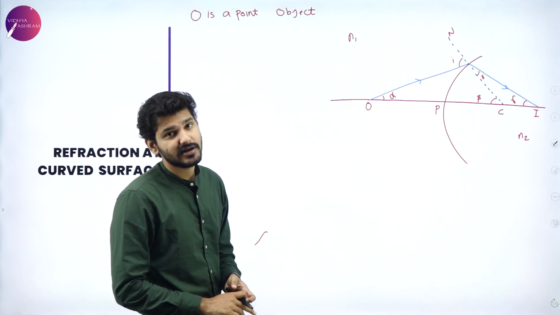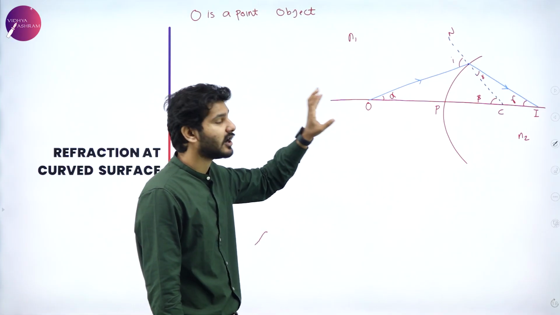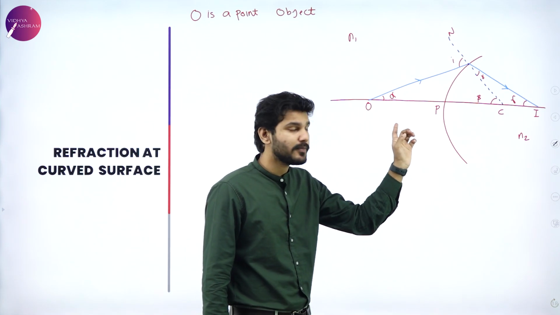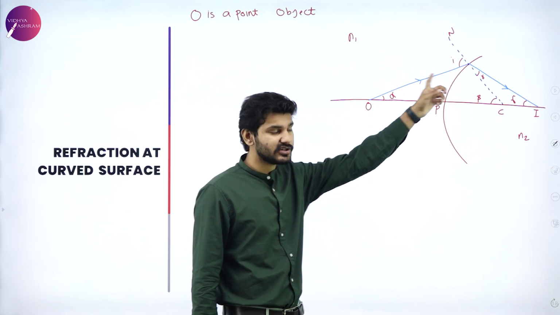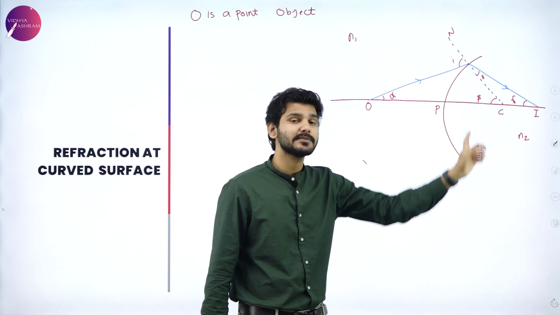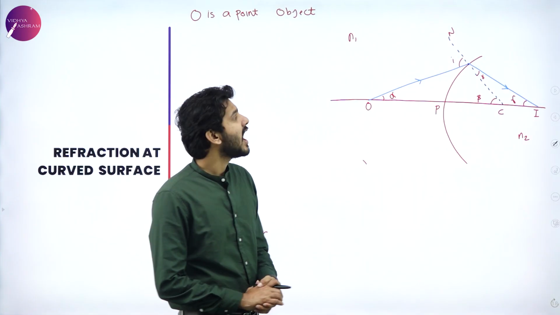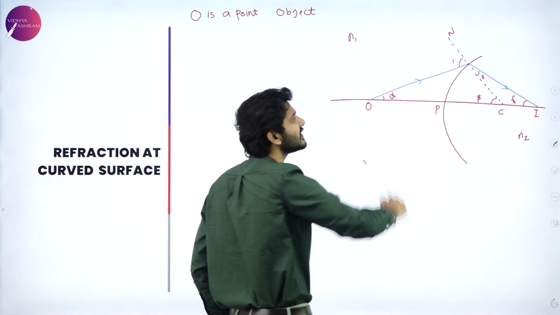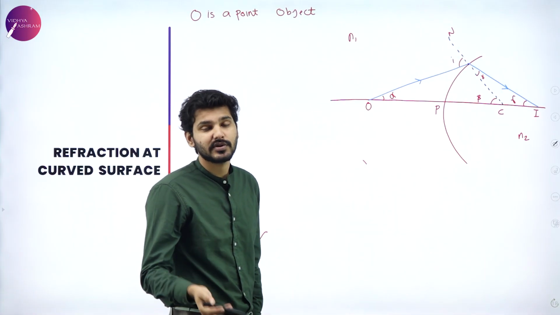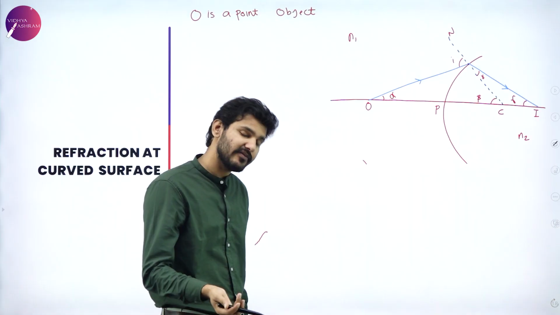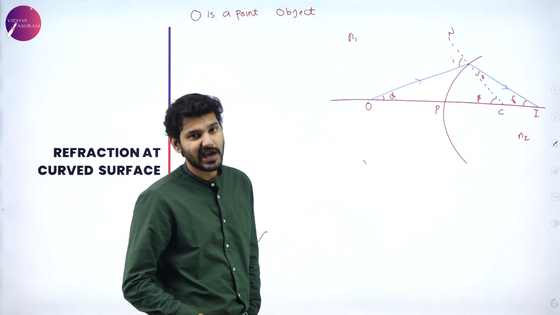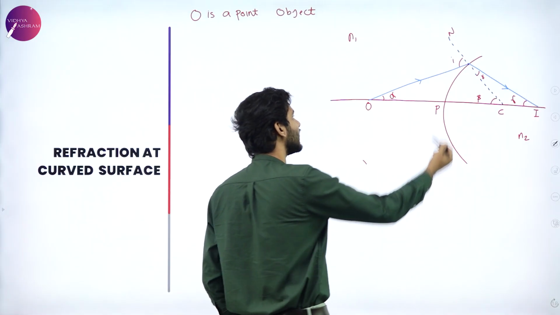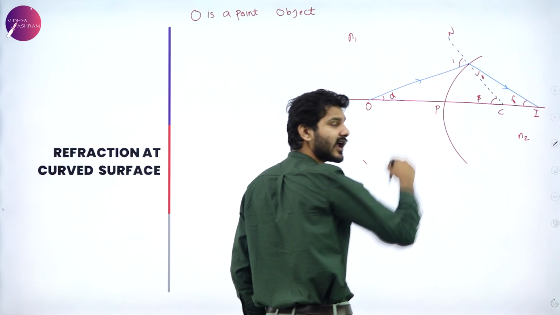In this particular figure, we are considering that O is a point object, and the angle made by this incident ray and the principal axis is alpha. The angle between the normal and the incident ray is known as the angle of incidence, indicated by I, and R is the refracted angle, the angle between the normal and the refracted ray.